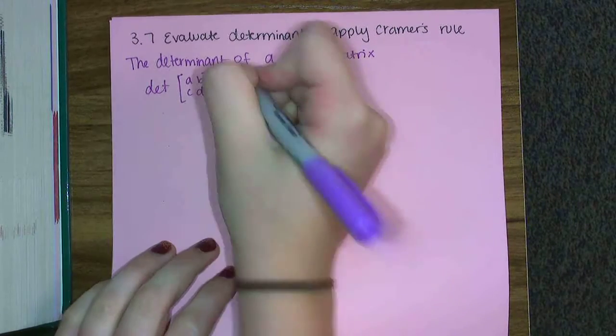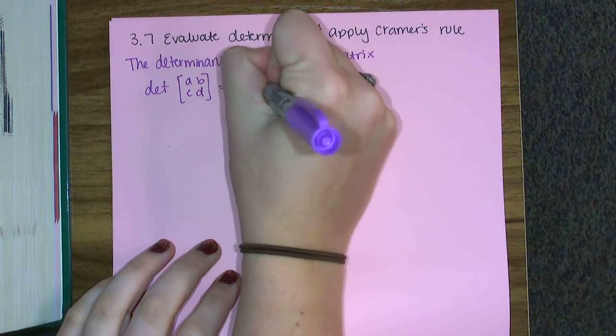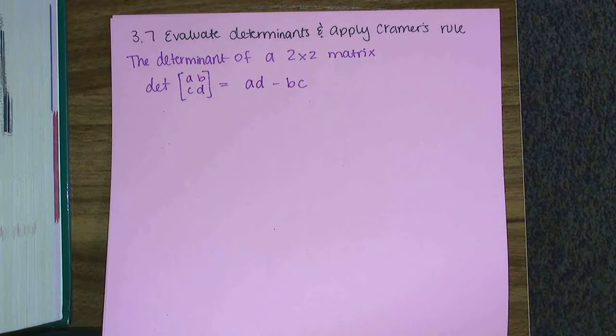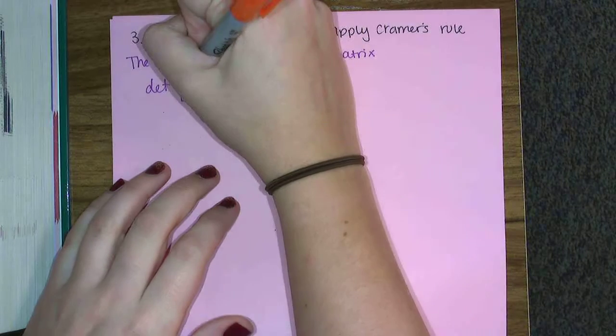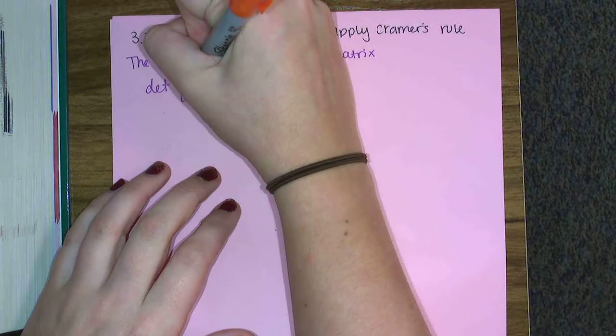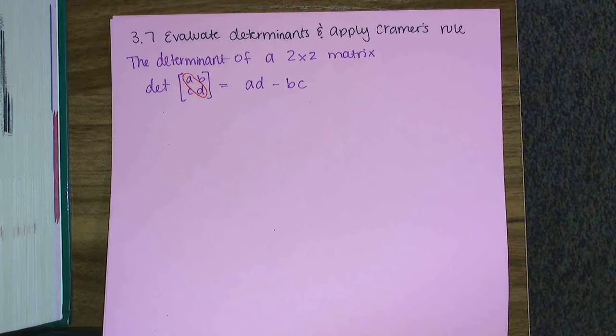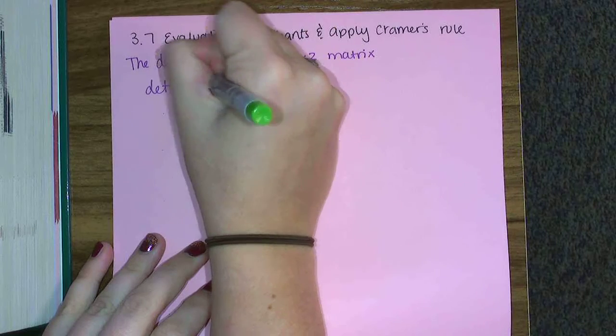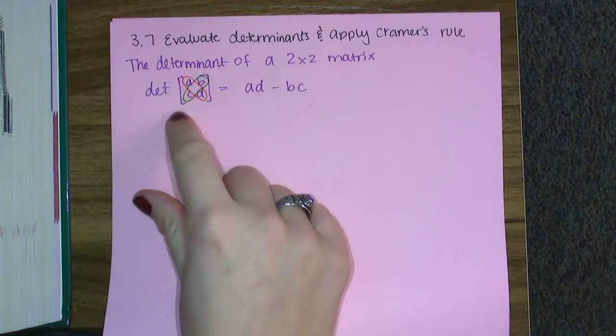Okay, the determinant is AD minus BC. DET. Okay, so it's A times D minus B times C. Okay, so they go on the diagonal.